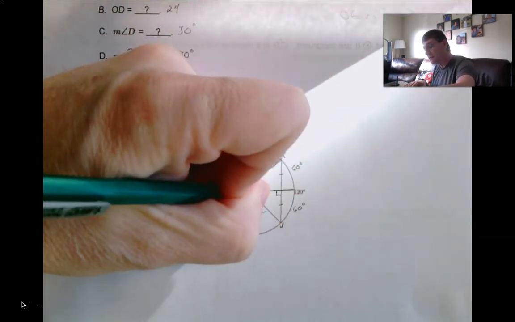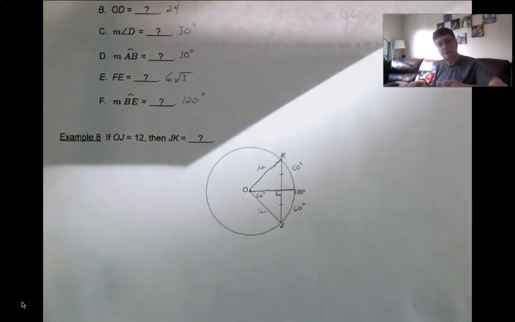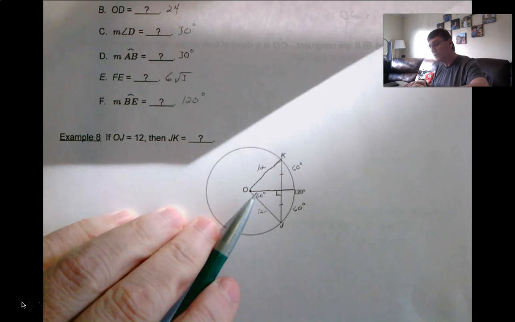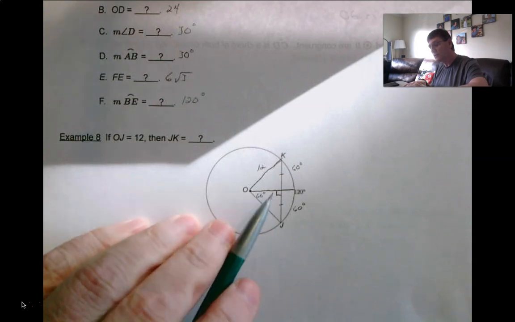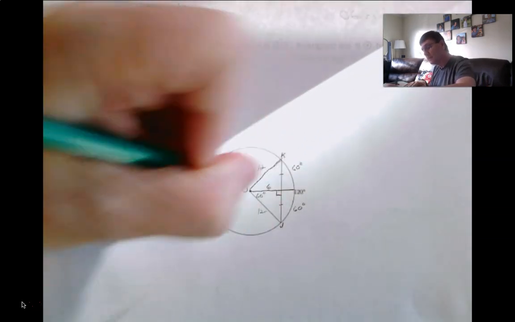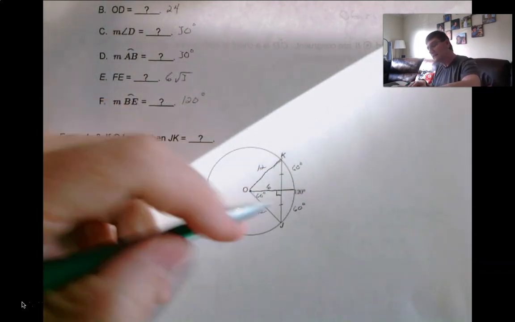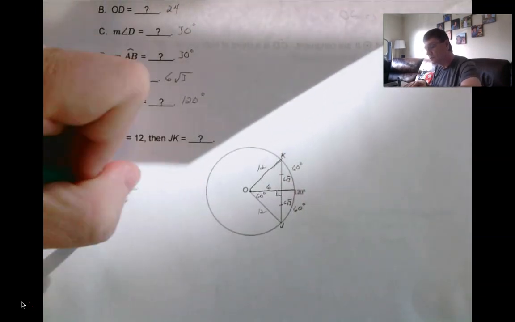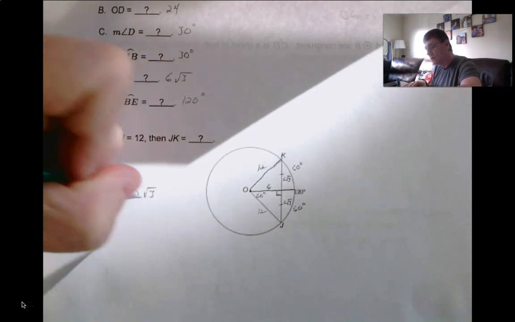Makes this 60. So if this is 60, if this is 12, the short leg, this is 30. Short leg over here is going to be 6. If this is 6, this is 6 square root 3. This is 6 square root 3. And JK is equal to 12 square root 3.